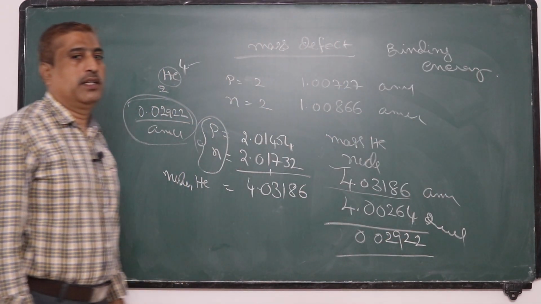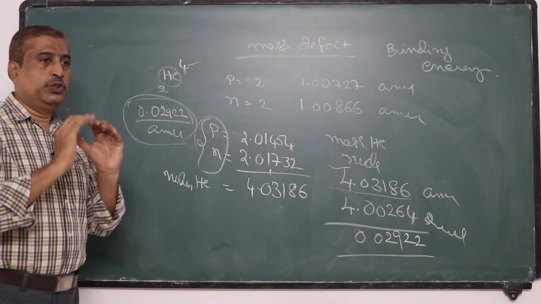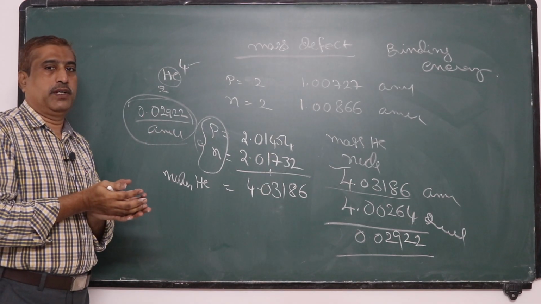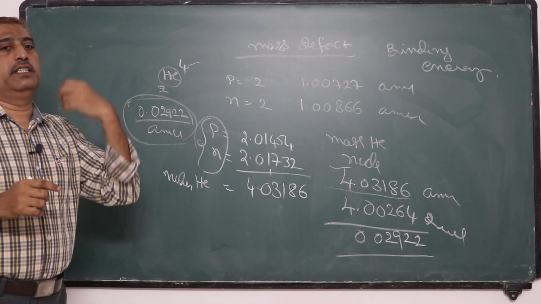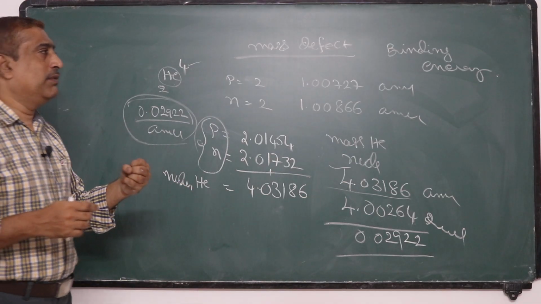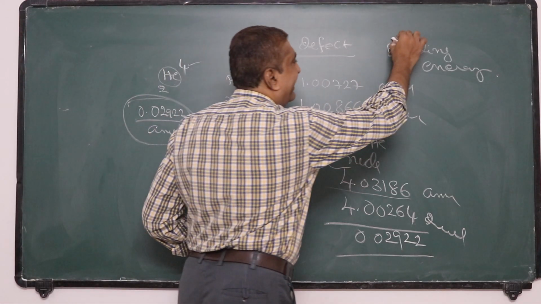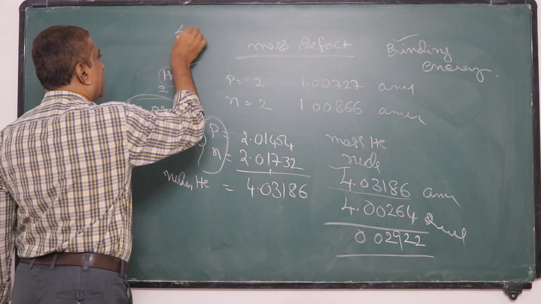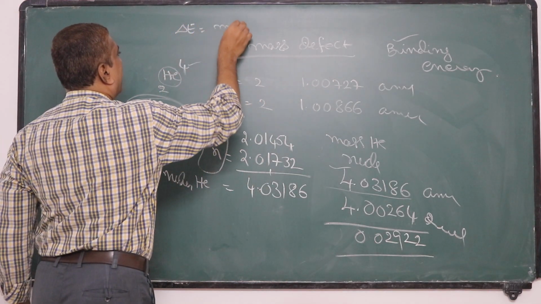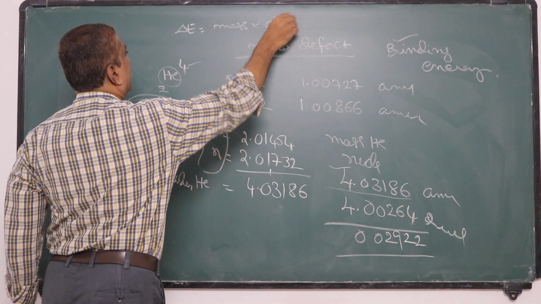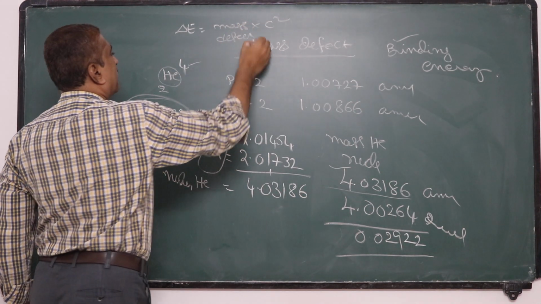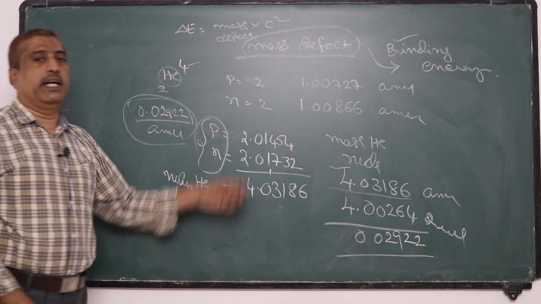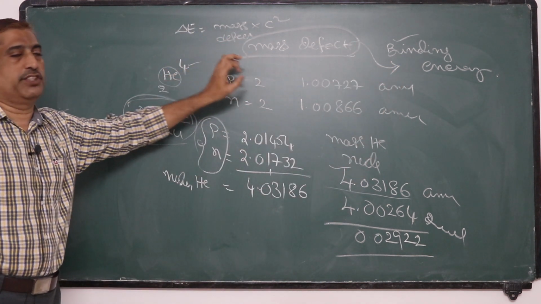When all these nucleons combine to form a nucleus, some amount of energy is released, and that energy is called binding energy, given by mass defect into c square. This mass defect is converted into energy by the Einstein equation E equals mc square.